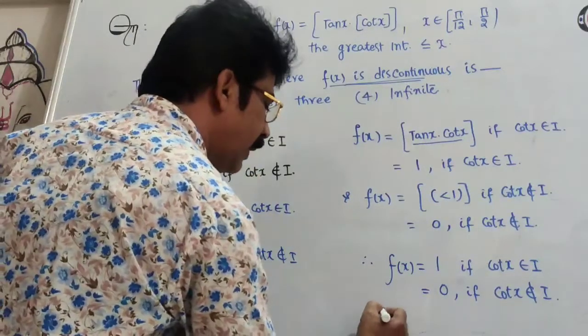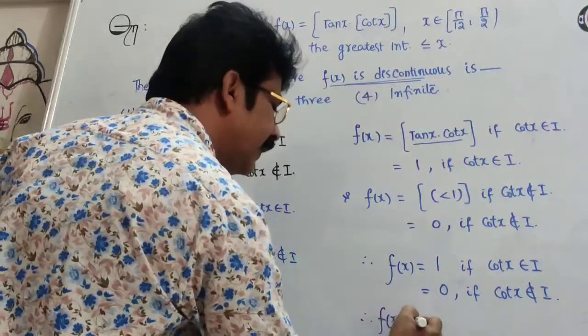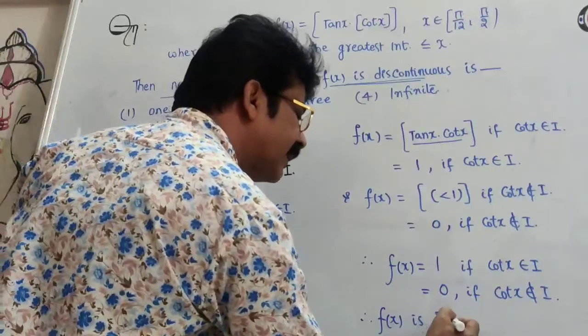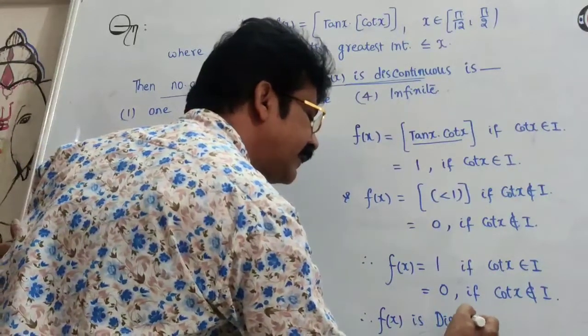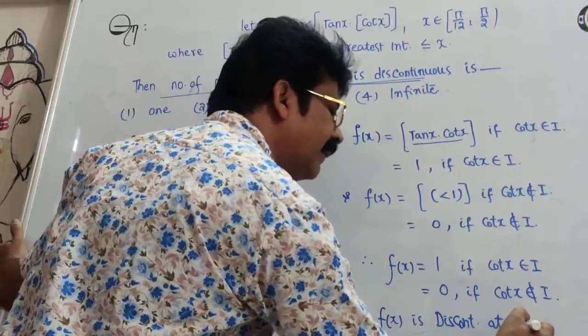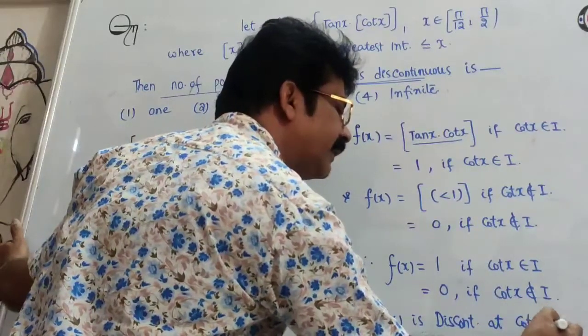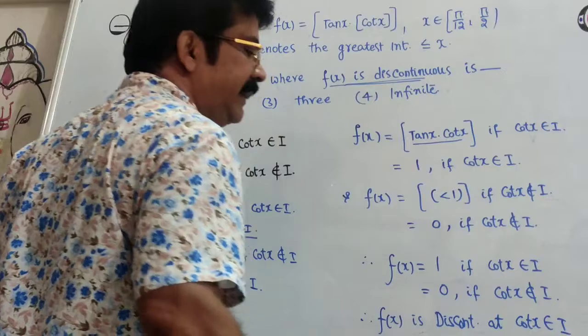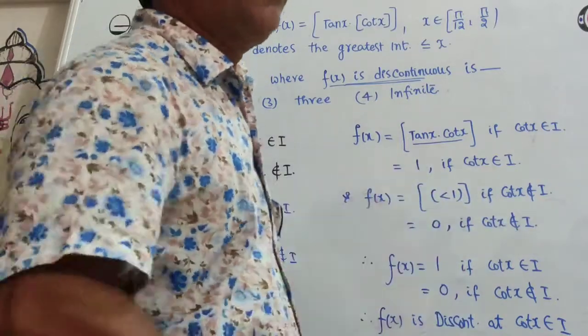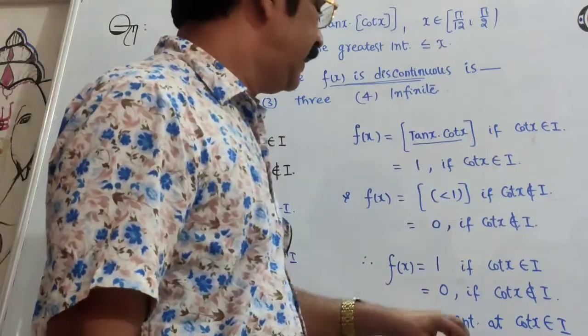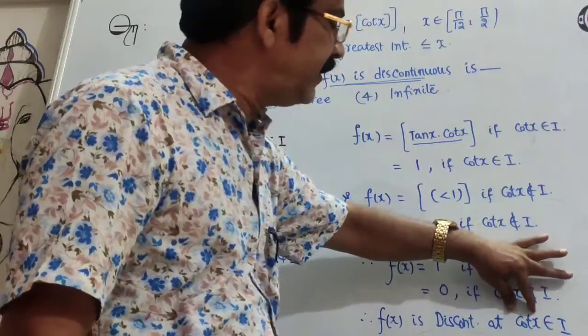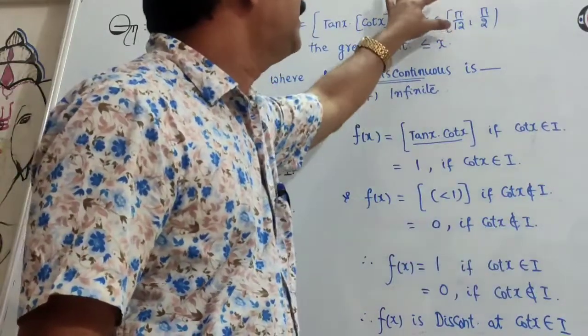So therefore f of x is discontinuous at the points where cot x belongs to I. Now we have to find where cot x is an integer in this interval.